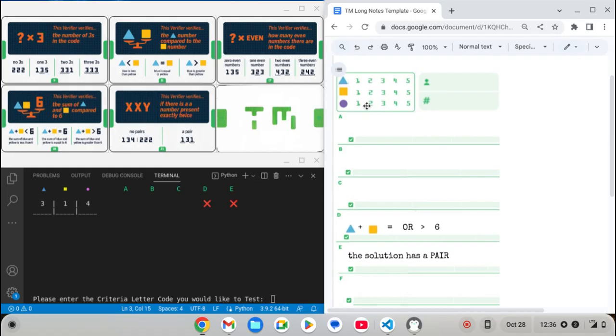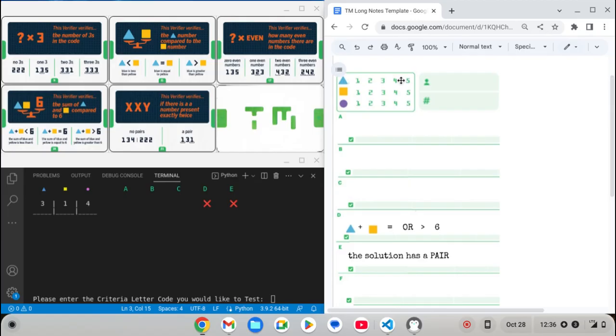Number of evens or number of threes, or the comparison. So currently I do have a square value that's less than my circle. If it's what I'm thinking that it might be 4, 4, 1, or 3, obviously it would be wrong if that's the case.